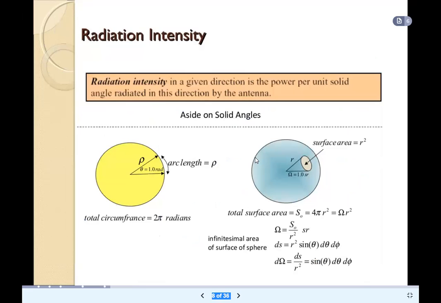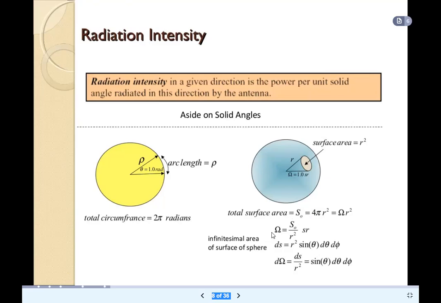Then we see the radiation intensity. Radiation intensity is denoted as U, and radiation intensity in a given direction is the power per unit solid angle radiated in the direction of the antenna. Here we see the diagram. In the diagram, the total circumference is 2 pi radians, and the surface area is R squared.